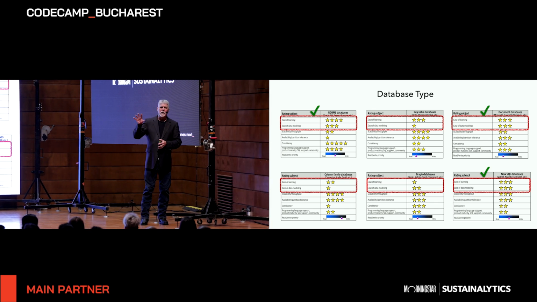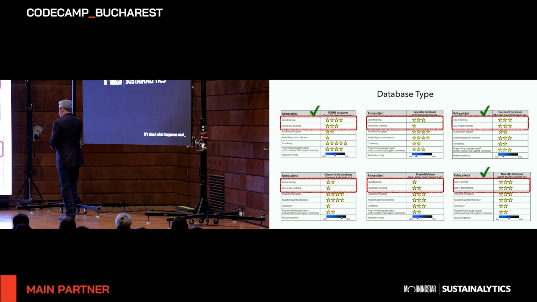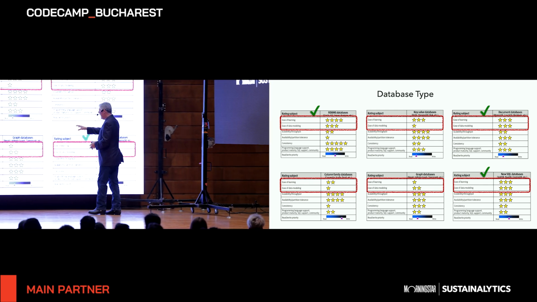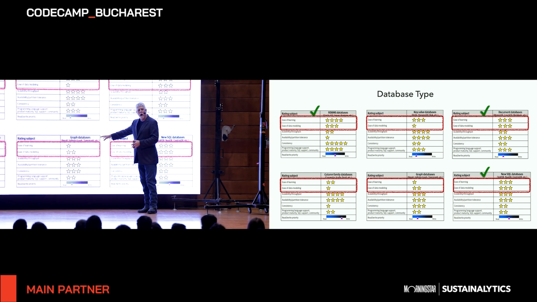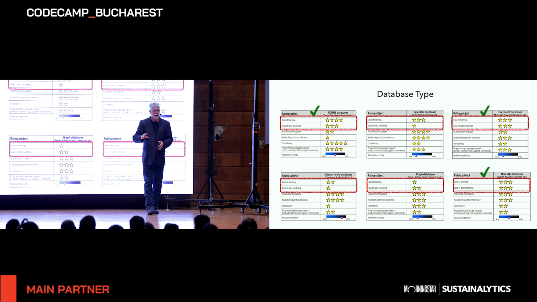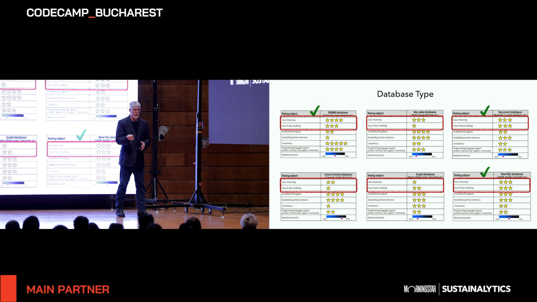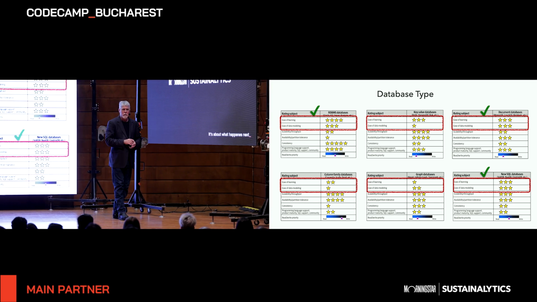But you know, there's something interesting by doing this exercise. Do you notice? What if we used a graph database? 1 star for ease of learning. There's a lot of essential complexity. Ease of modeling, only 2 stars out of 5.